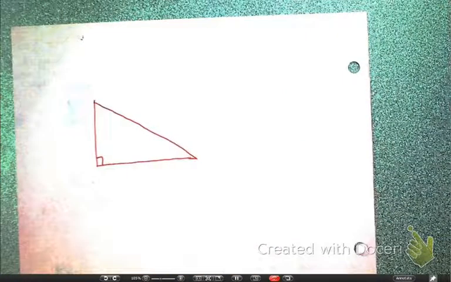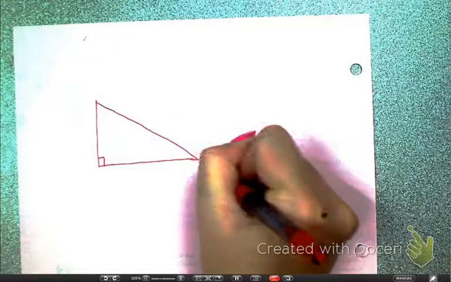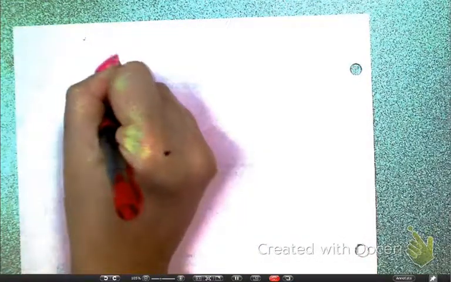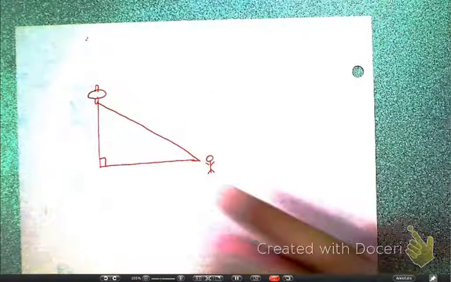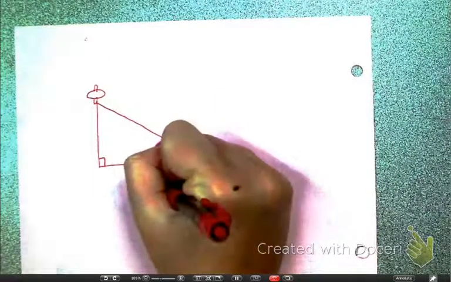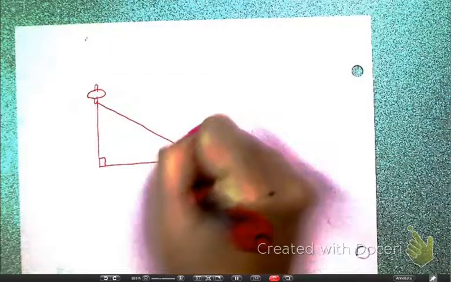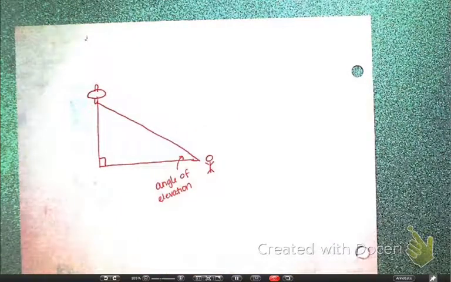Now, if I am a person standing on the ground looking up at an airplane, I'm here looking up at the airplane. This angle here is my angle of elevation.